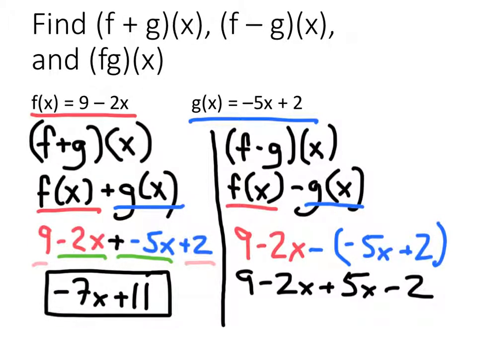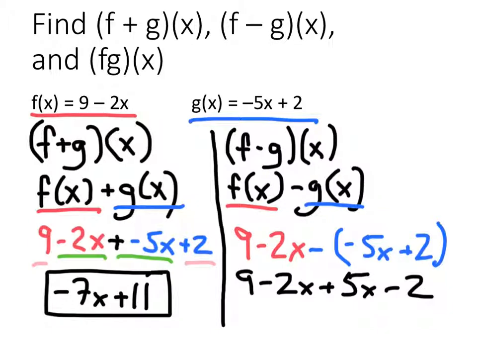Secondly, for f minus g of x, we'll rewrite it as f of x minus g of x. Then we'll make the substitutions. Again, notice the use of parentheses for the g of x function in blue. Because I'm subtracting the function in its entirety, when I subtract negative 5x, it becomes a positive 5x.